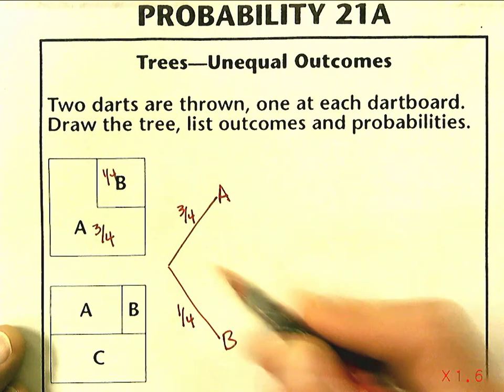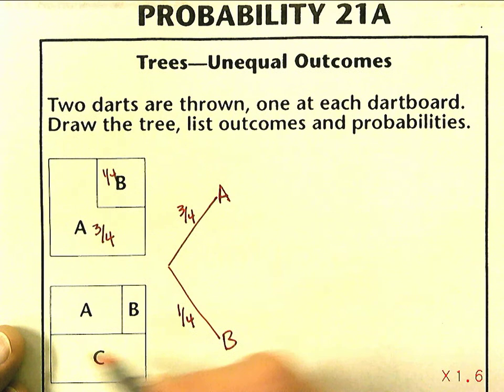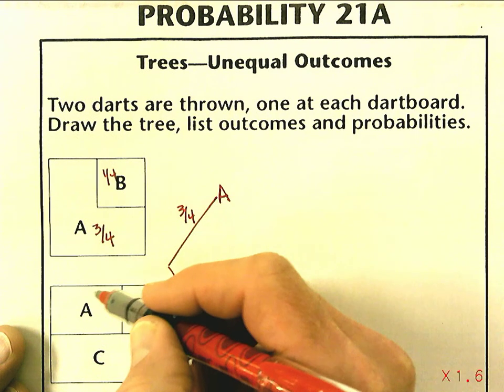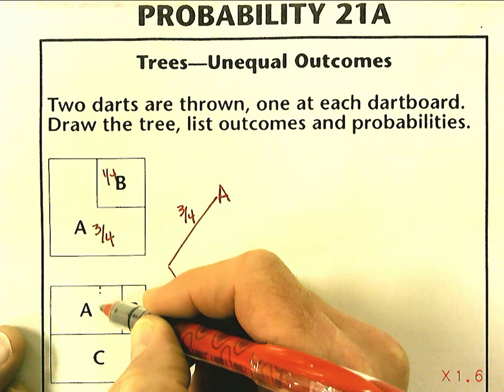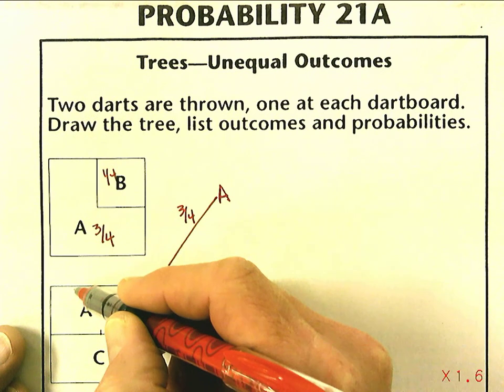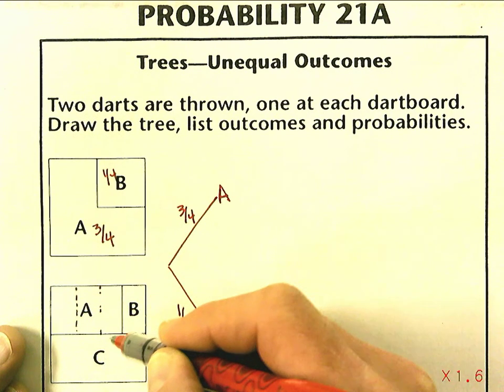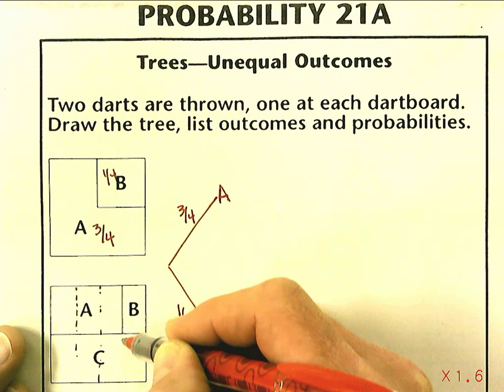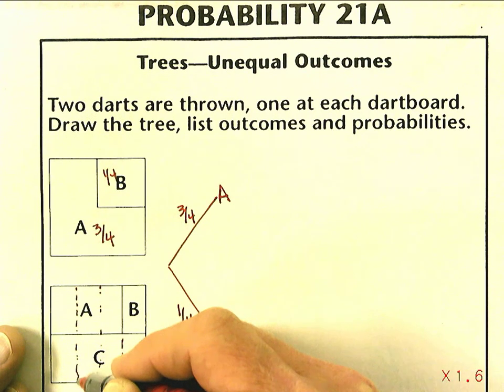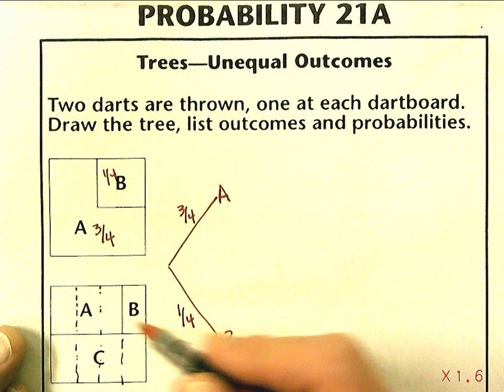And then we move to the second dartboard and look at each part. I'm going to divide this one up a little bit more so you can see that A and all these parts here could be divided up into all these little pieces.